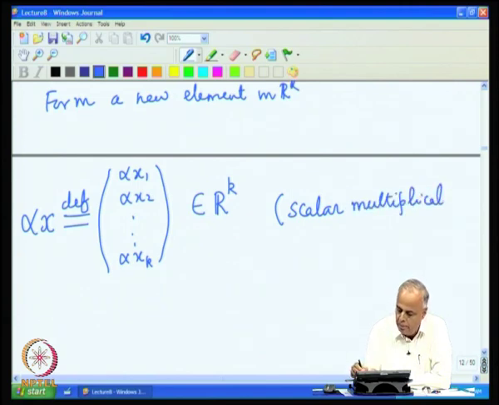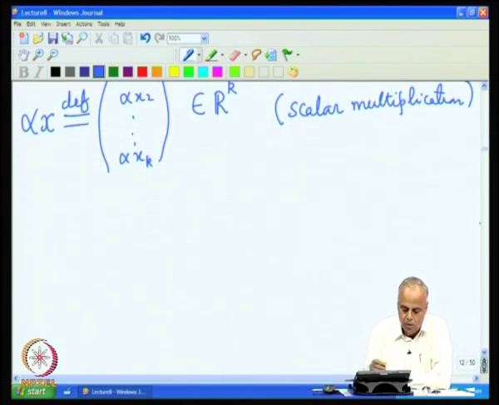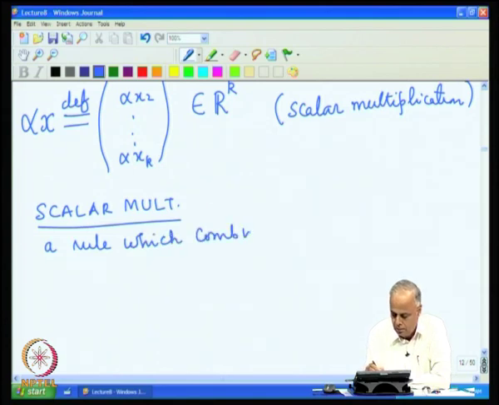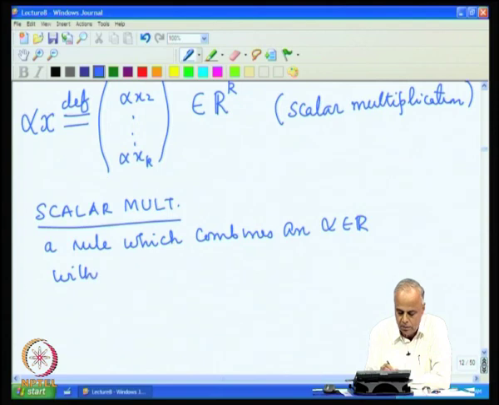That is, you are multiplying an element in RK by a scalar alpha. So, what is scalar multiplication? Scalar multiplication is a rule which combines an alpha in R with an x in RK.